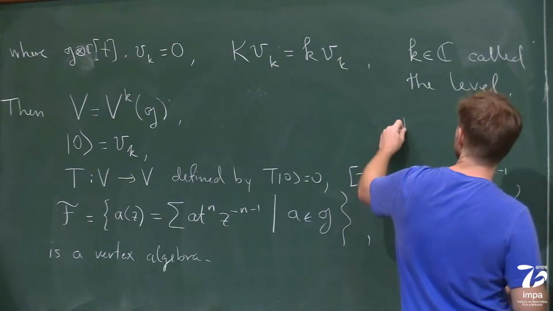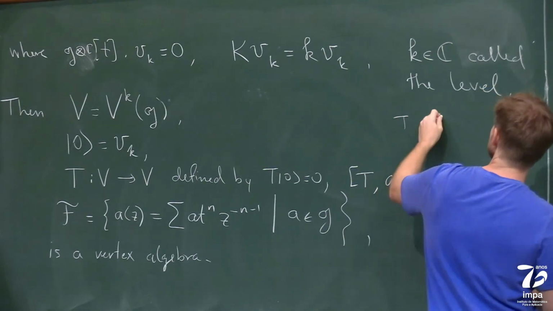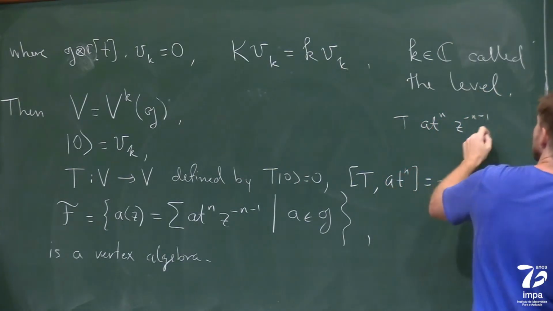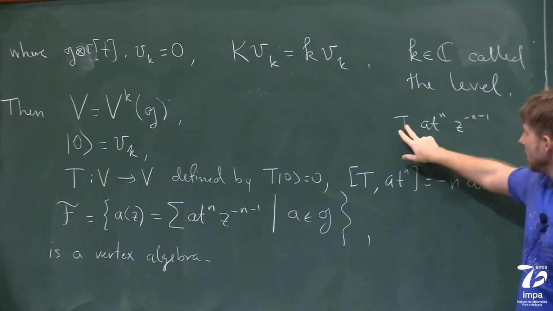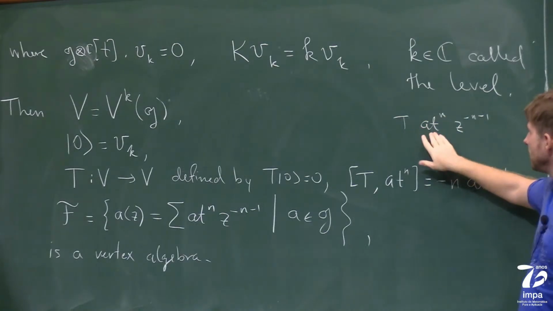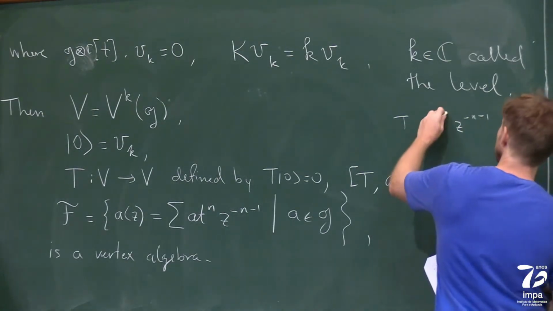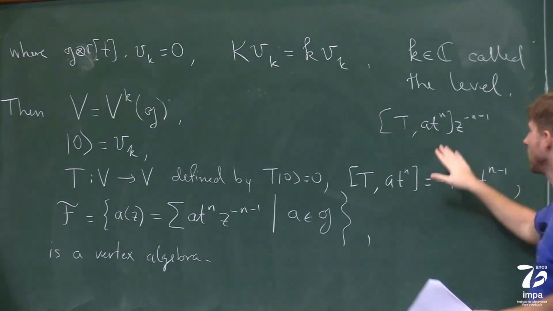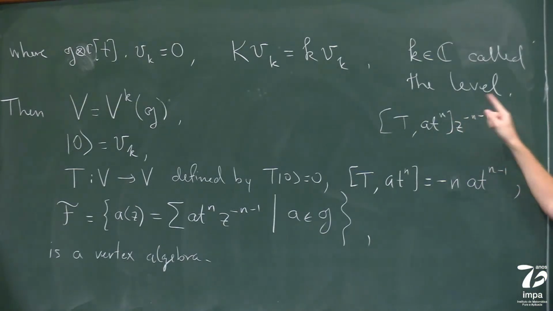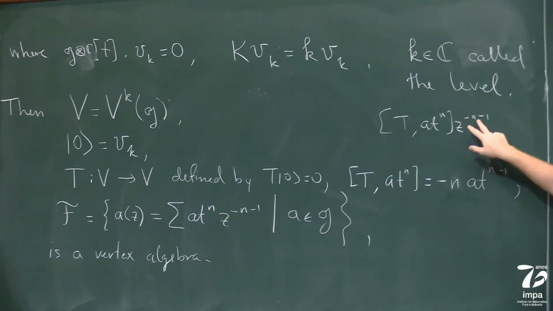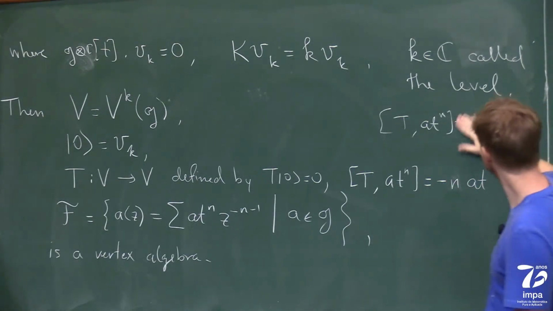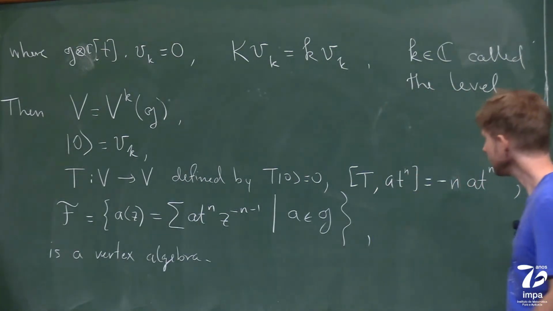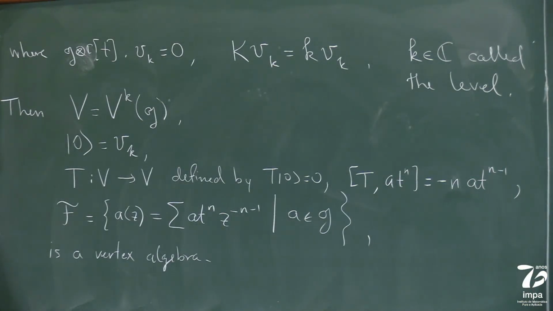I figured, so T applied to this thing, I mean, the commutator has to coincide with differentiating with respect to z, and I think that's where the minus sign comes from. Yeah.